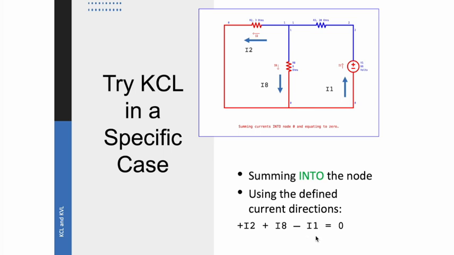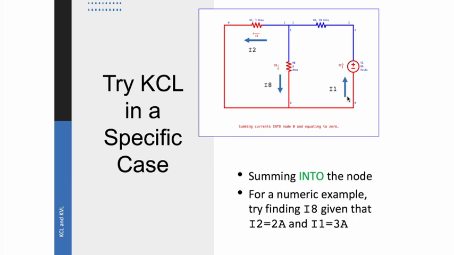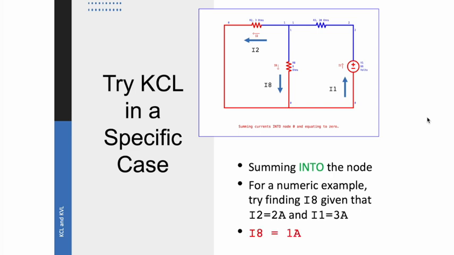The minus came in there algebraically because we were summing into the node and the predefined direction was going out. For a numeric example, try finding I8 given that I2 equals 2 amps and I1 equals 3 amps. You'd find I8 equals 1.